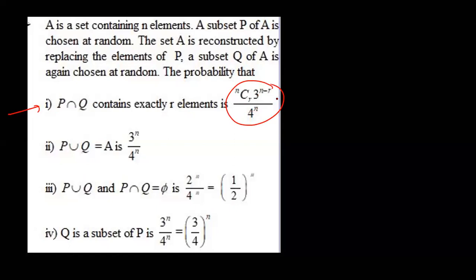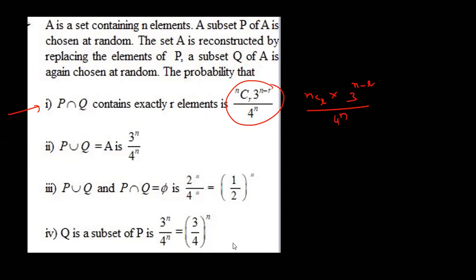So choose r elements means how many ways? nCr into remaining, how many cases are possible? 3 cases are possible. How many times? n minus r times. So 3 into 3 into 3 and so on. How many times? n minus r. Like that. Sample space as usual is 4 power n. That is the meaning.